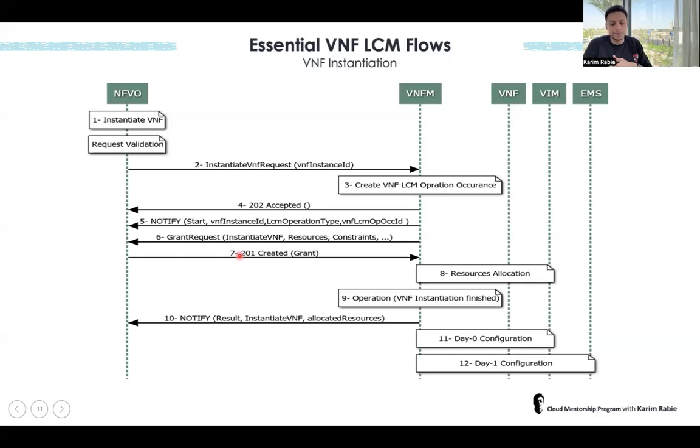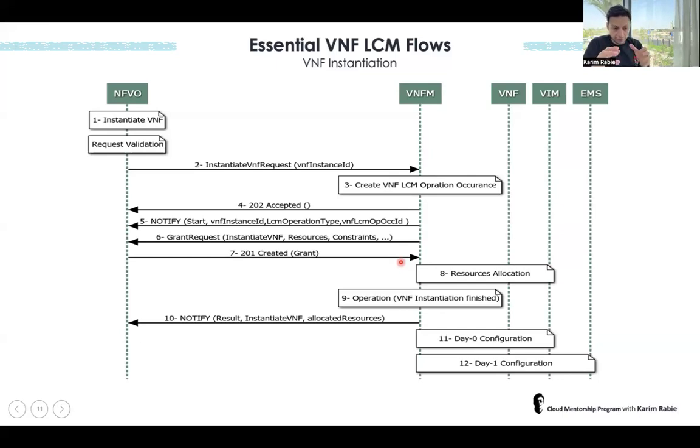In step 8, that's the dialogue that happens between the VNFM and the VIM. It's not dialogue, actually, it is the APIs of the VIM. If you think of OpenStack, then VNFM will interpret whatever is there in the VNF descriptor and then start to communicate with the OpenStack, either by OpenStack APIs or maybe by still OpenStack APIs, but using the Heat template, the one that was referred to by Iman.